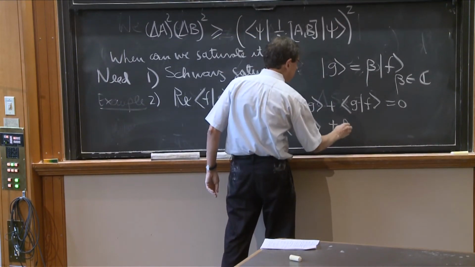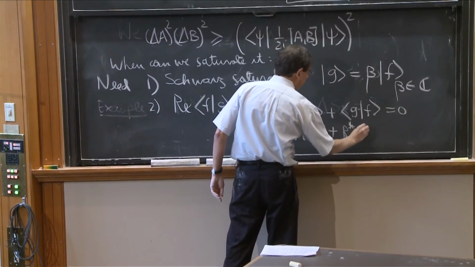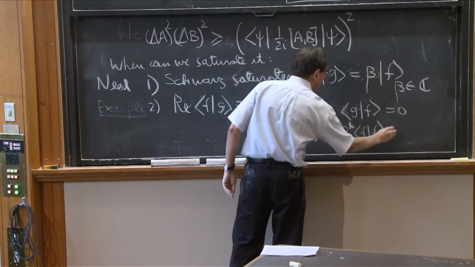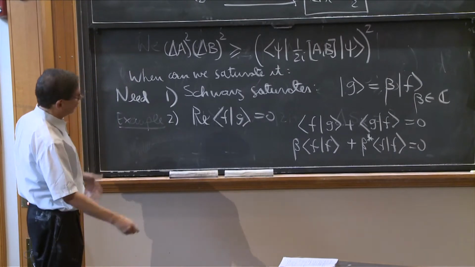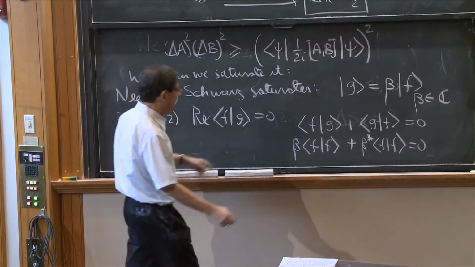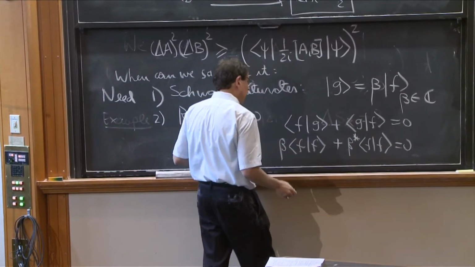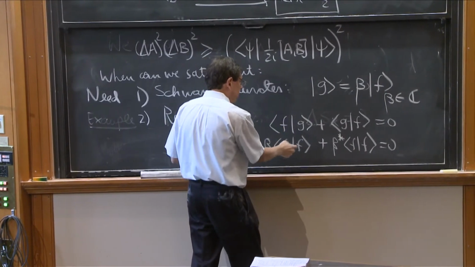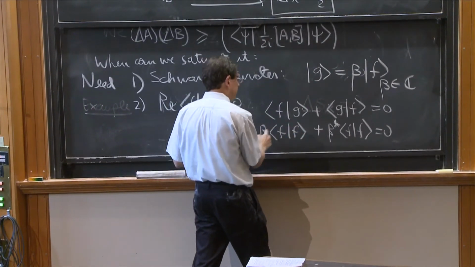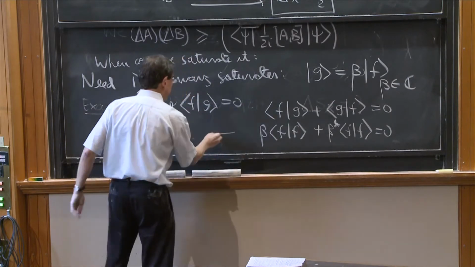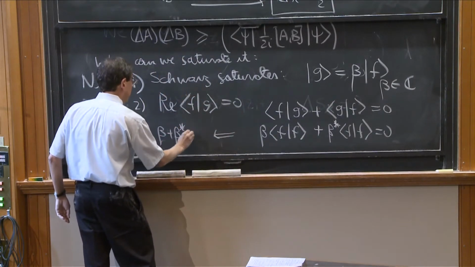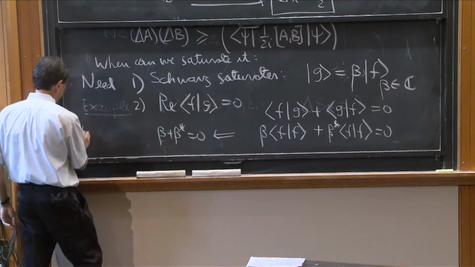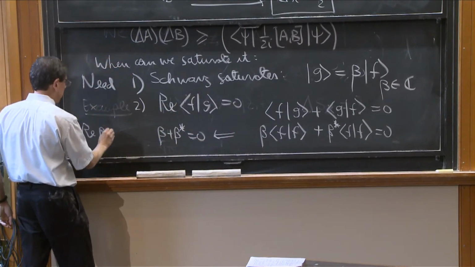So you get beta star FF equals 0. And since F need not have 0 norm, because there is some uncertainty, presumably, you have that beta plus beta star is equal to 0, or real of beta is equal to 0.